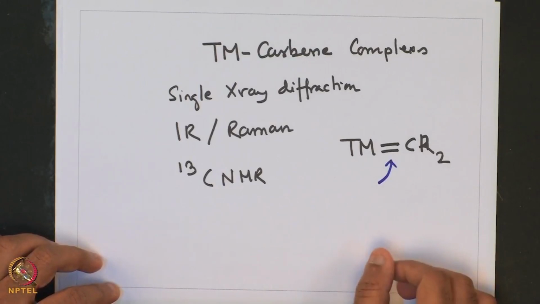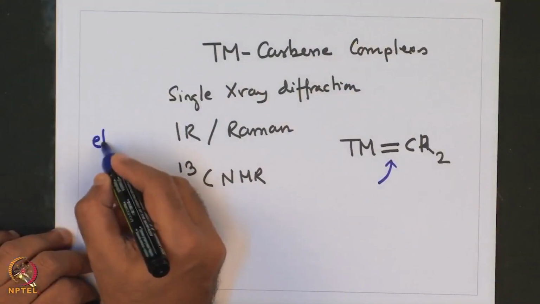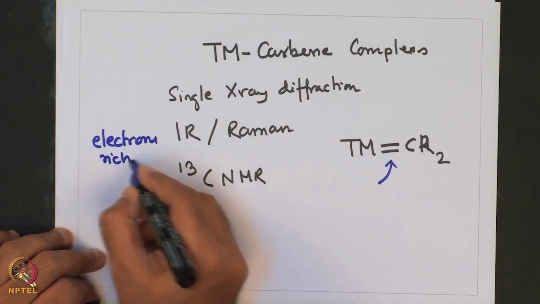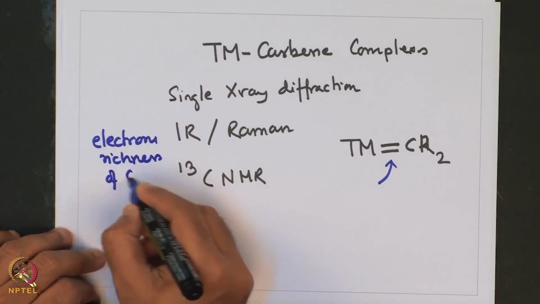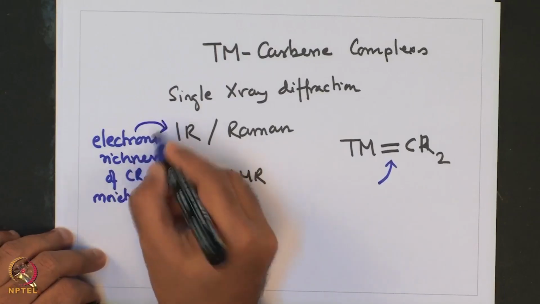Similarly, the infrared and Raman spectroscopy was used in quantifying the electron richness of the carbene center by monitoring the stretching frequencies of the metal carbonyls which were trans to an NHC ligand. So, these threw light on the electron richness of the CR2 moiety bound to a transition metal.